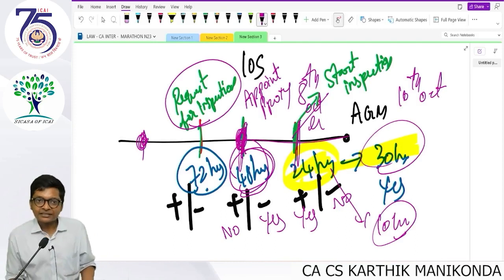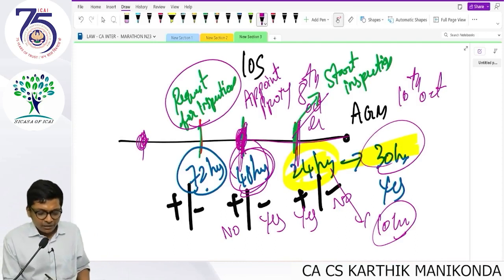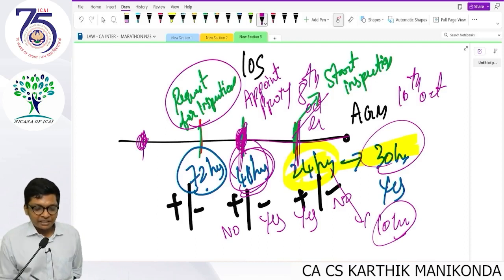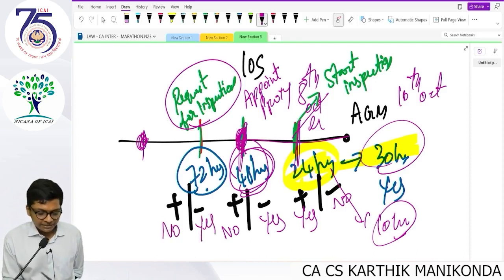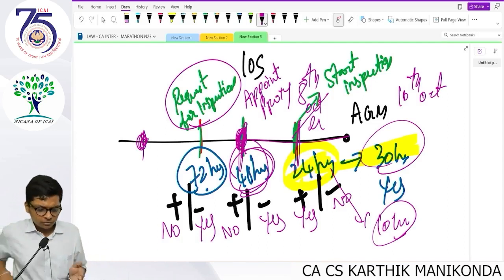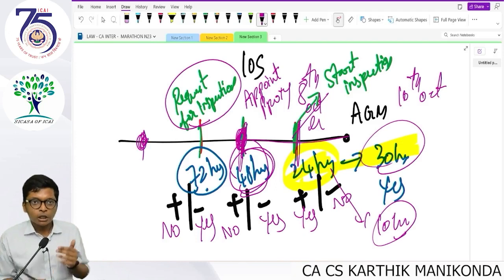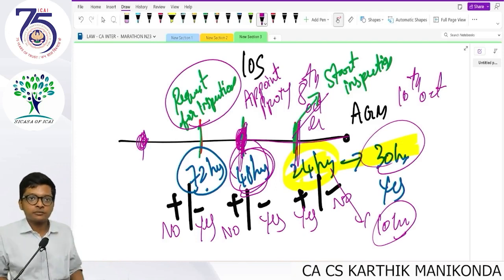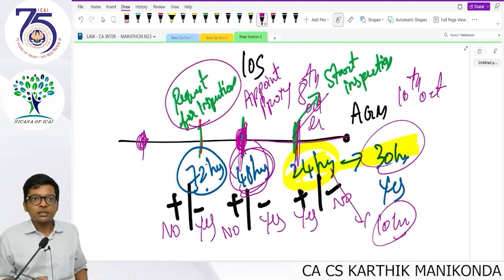Decreasing is yes. Similarly, for the request for inspection, increase the answer is no, decrease yes. Because if you decrease the time for inspection from 72 to 48, you have more time to request for inspection. From 72 hours it becomes 48.